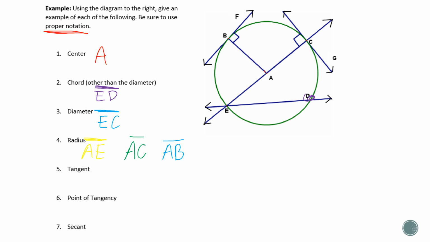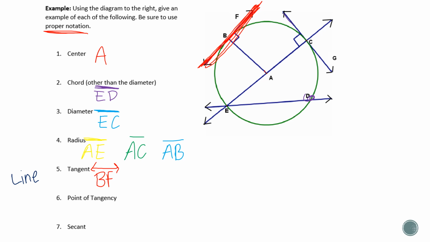Now down here, tangent. Remember, a tangent is a line, which means we need to have arrows. A tangent touches a circle at one point. So I'm looking at these lines and seeing which ones touch at one point. I see that this line right here, line B to F, touches at one point. I'm going to put my line symbol above it.